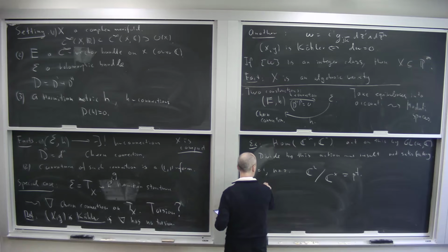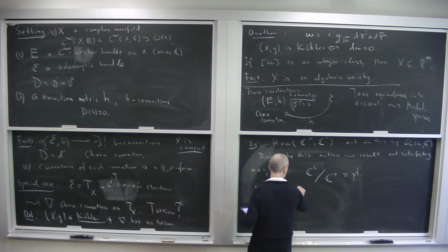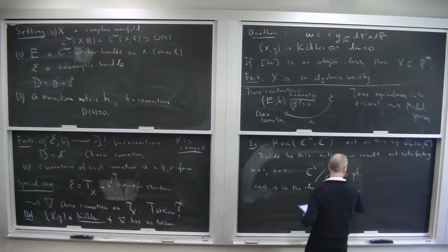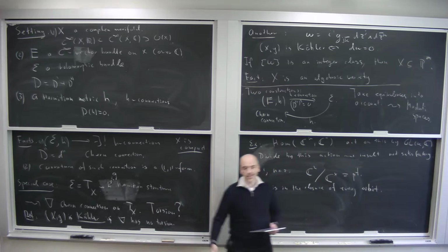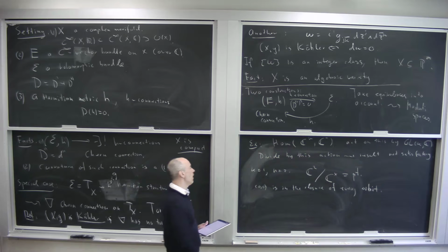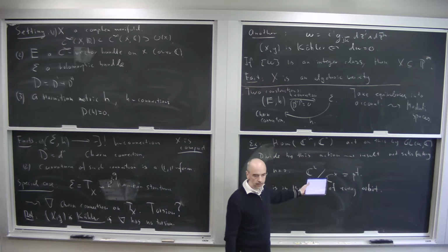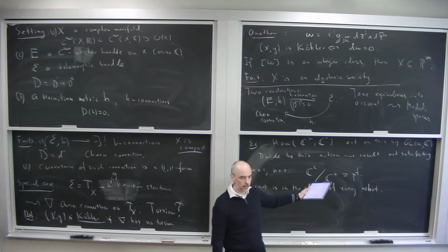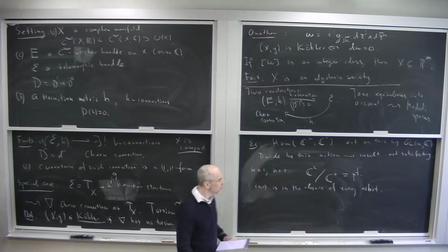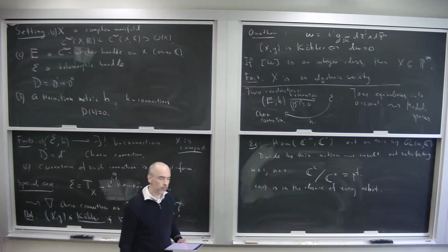So 0 is in the closure of every orbit, which means that simply dividing by it is not a good idea. This, in fact, will be the categorical quotient, and the map will be algebraic. So it is really affine varieties and an affine map. Everything is good, but it is not a geometric quotient.